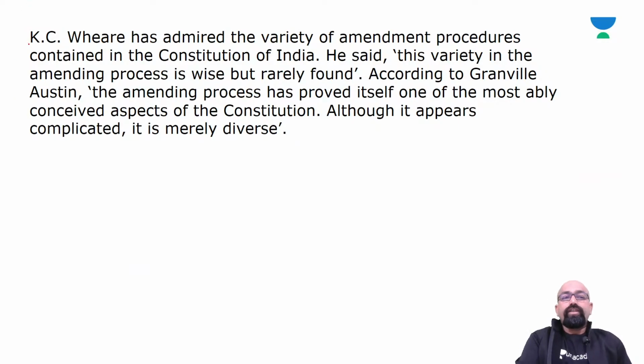Next, K.C. Wheare has admired the variety of amendment procedures contained in the Constitution of India. He said the variety in the amending process is wise but rarely found.